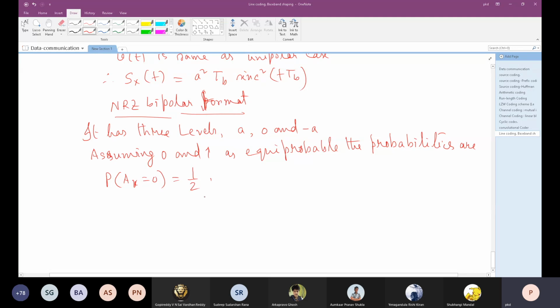So therefore, for 1, P(AK equal to A) would be 1/4, and P(AK equal to minus A) is equal to 1/4. Together they are representing the probability of occurrence of 1 equal to half.